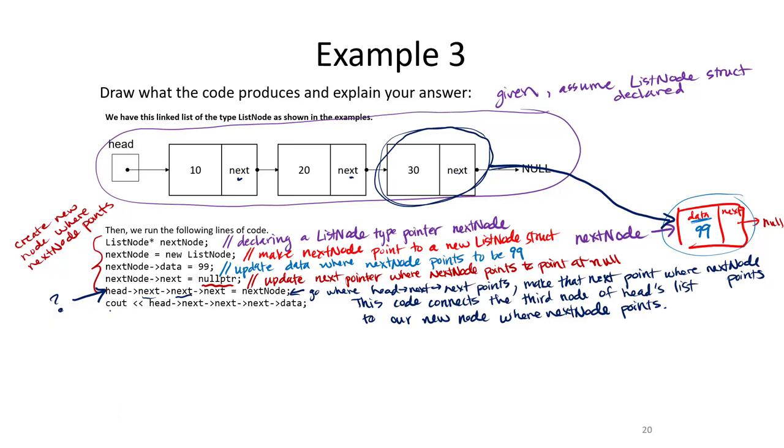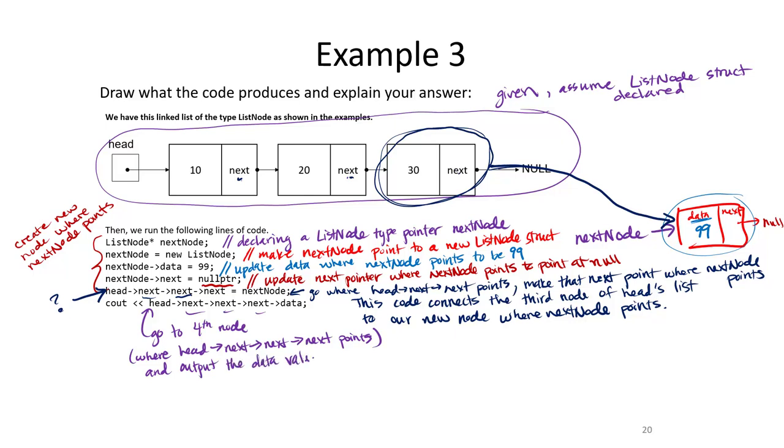And finally, our very last statement, cout head arrow next data. Well, this is going to go to the 1, 2, 3. It's going to go to the 4th node. This is where head arrow next points, and output the data value to the screen.